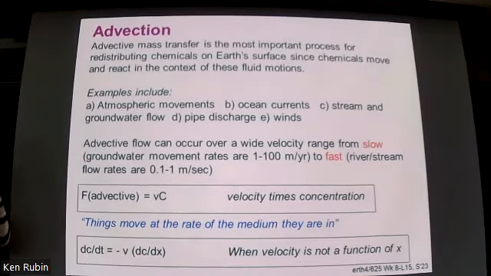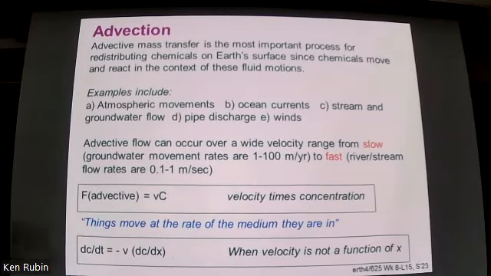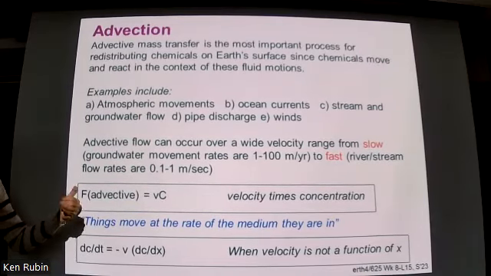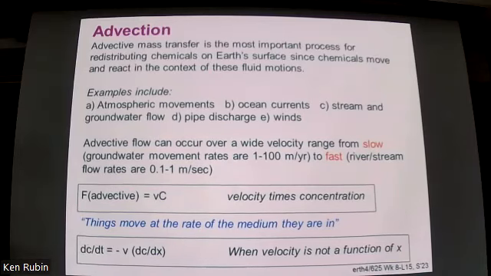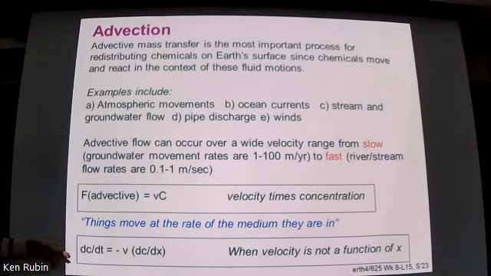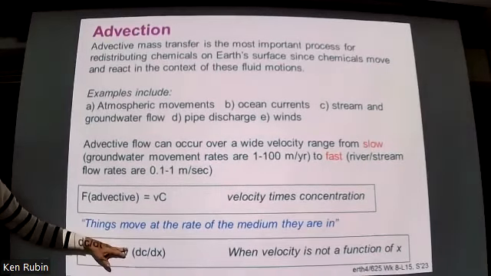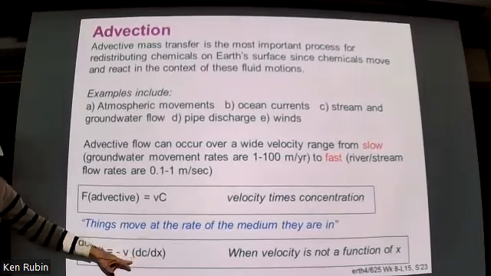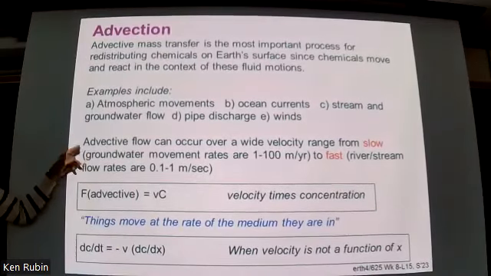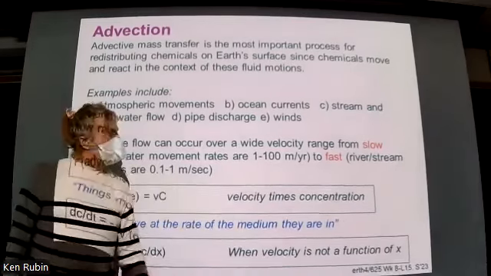If you had a river that was widening or narrowing so that the water was speeding up as it went along that distance x, then we would have a much more complicated term here, because velocity is being treated as a constant with respect to x. Does that make sense?